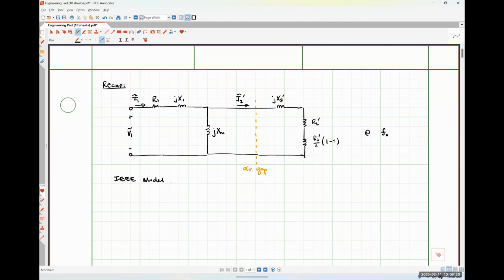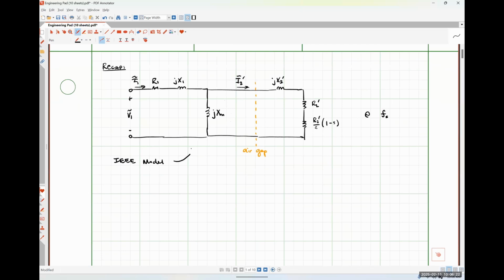And then we essentially simplified the IEEE model to some extent by using Thevenin and Norton equivalent circuits, right?